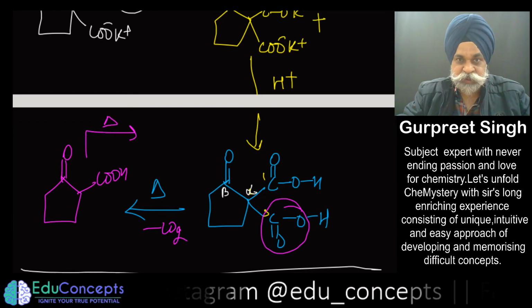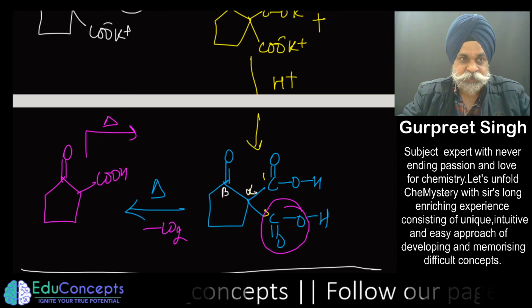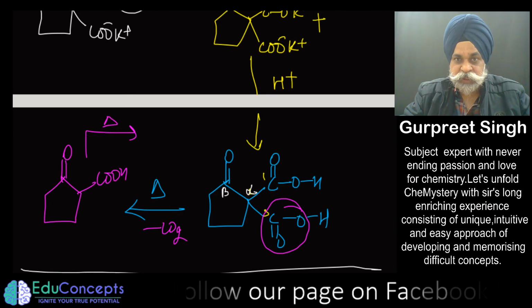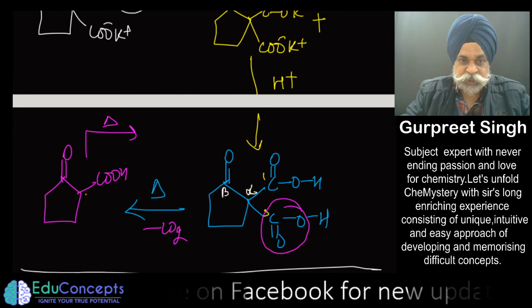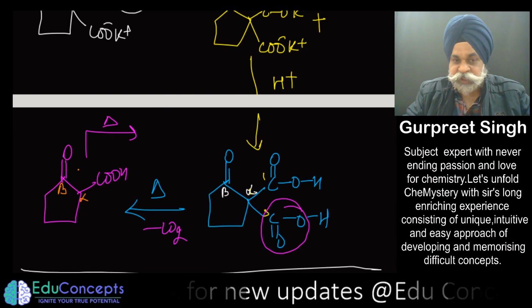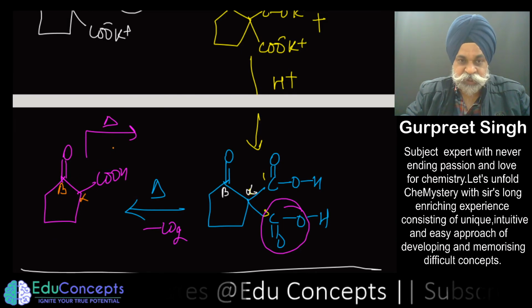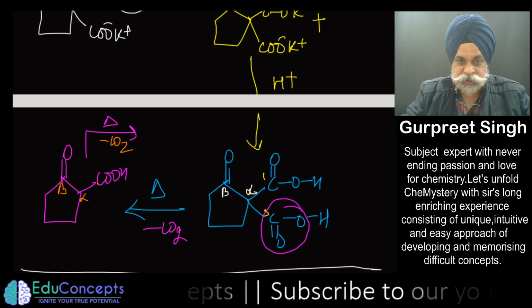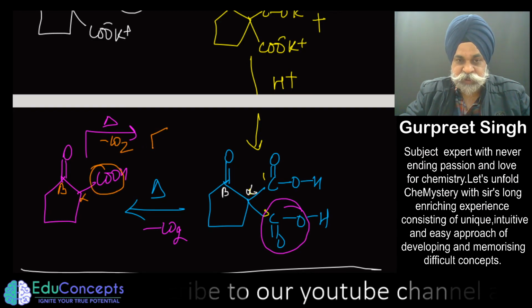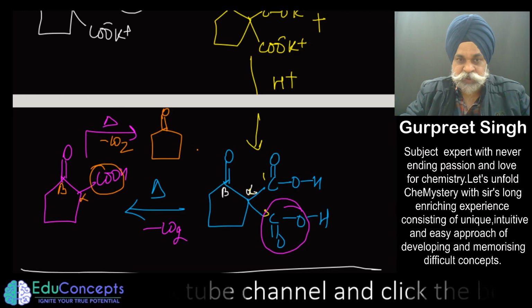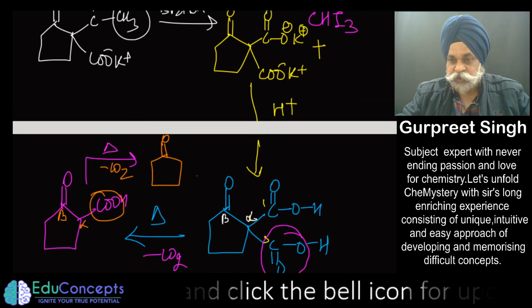Again you heat it, you now have a beta keto acid again. So it would also undergo decarboxylation to remove this carbon dioxide, ultimately getting you the ketone. So this is a very, very important question.